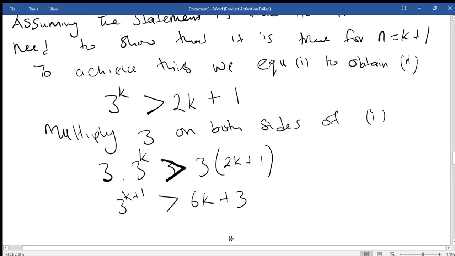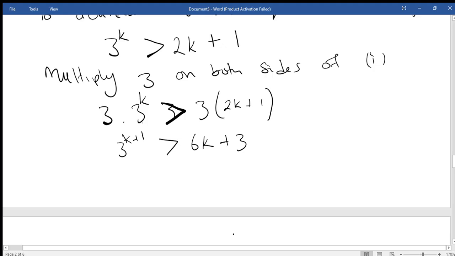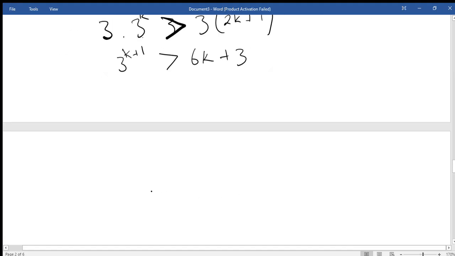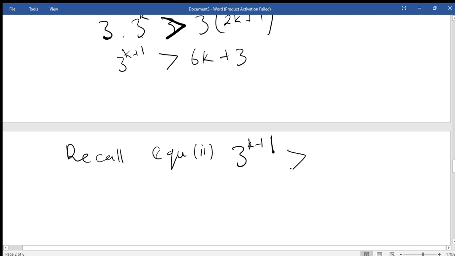So now we do a comparison. Recall, equation 2 was 3 power k plus 1 greater than 2k plus 3.